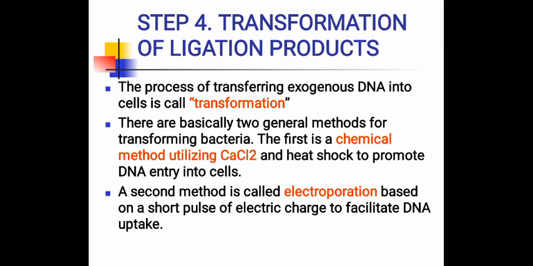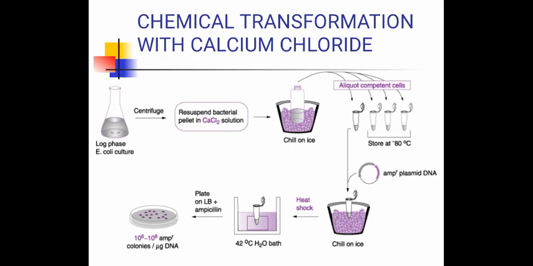First is the chemical method utilizing calcium chloride, because the bacteria doesn't accept the external DNA that easily, or otherwise heat shock to promote DNA entry into the cell. The second method is called electroporation, based on a short pulse of electric charge or shock to facilitate DNA uptake by the bacterium.